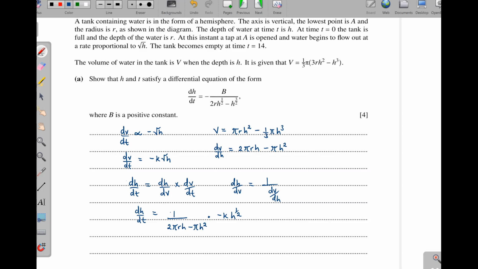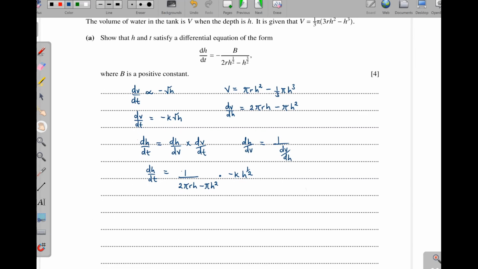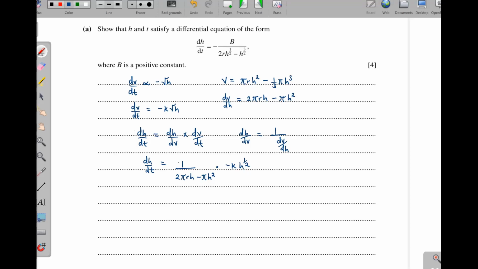Then I can simplify this one here. I can take the h down. Since the power is positive, when it comes down it is going to be negative. Then 2 pi r h minus pi h squared.